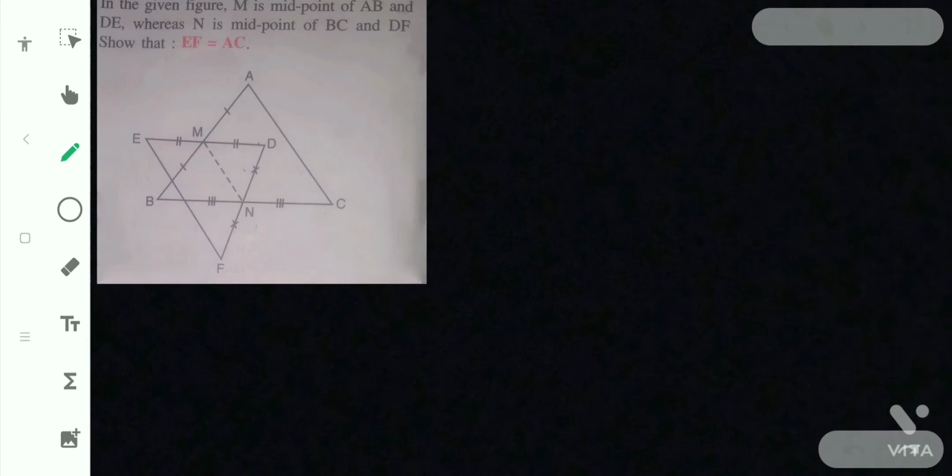The question is on your screen. Just have a look at it. In the given figure, M is midpoint of AB and DE, whereas N is midpoint of BC and DF.